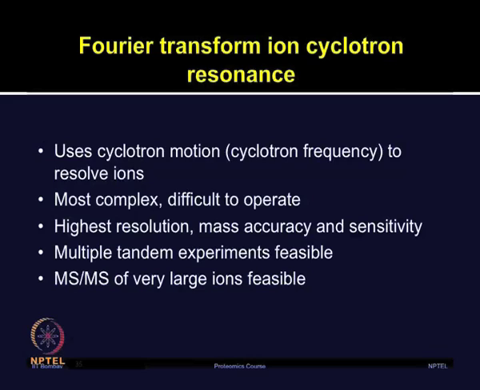It uses cyclotron motion or cyclotron frequency to resolve the ions. Although operationally it is very complex and not easy to operate, it provides the highest resolution, mass accuracy and sensitivity. It also provides the capability of multiple tandem experiments, and MS of very large ions is possible by using FTICR MS.